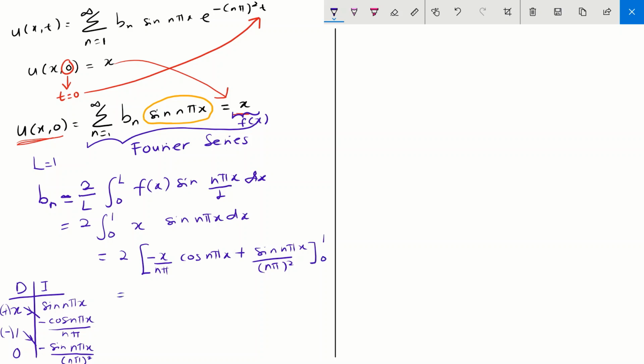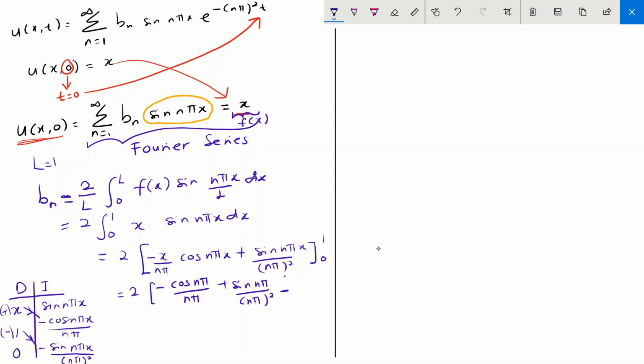Substitute the limits. When we substitute the upper limit x equals 1 into the resulting integration, we get negative cos(n pi) over n pi, plus sine(n pi) over n pi squared, minus the result when we substitute x equal to 0.